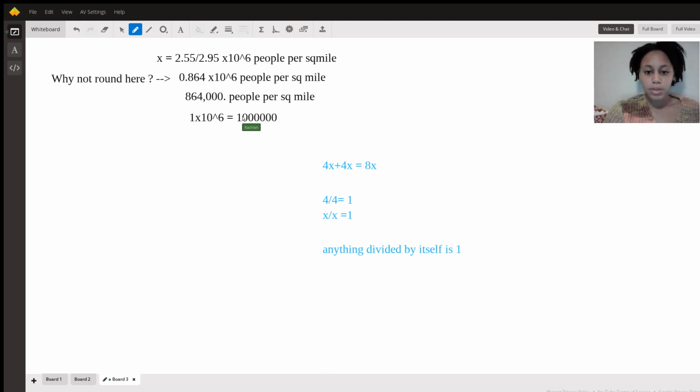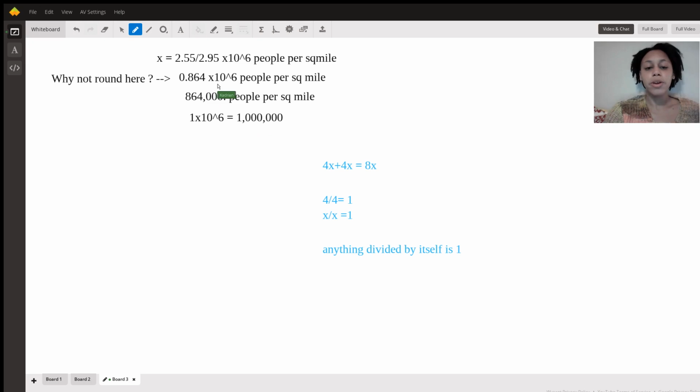That is a million people. You see how far away a million is from 864,000? So our answer would have been off by a lot because of the scientific notation, the 10 to the power of 6. So it's best to write out this full number, expand it, and then round at the end.